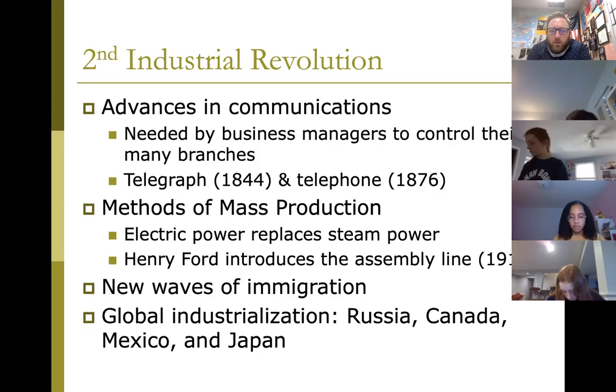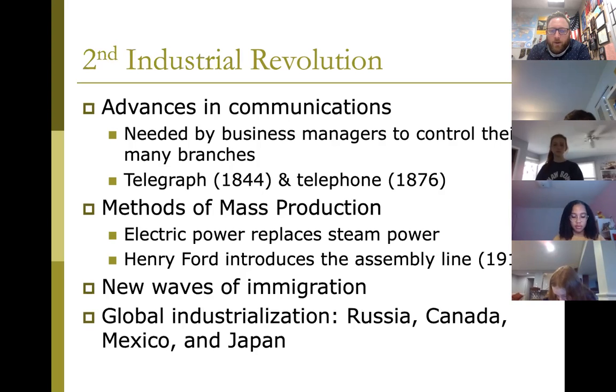Mass production. You've probably heard of Henry Ford. We don't live that far away from Detroit. Our actual state is way more involved in making automobile parts than you realize. Maybe some of your parents work for Allison Transmissions, or there used to be a lot more car part factories in the Indianapolis area, but there still are quite a few around our state that send products to Detroit to make cars.